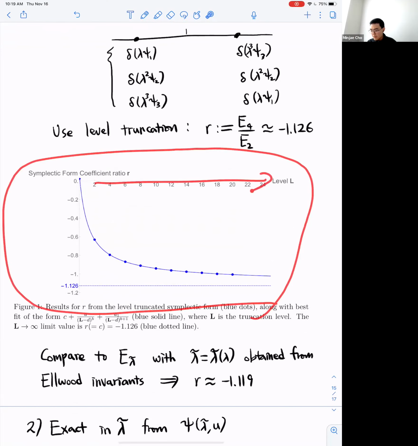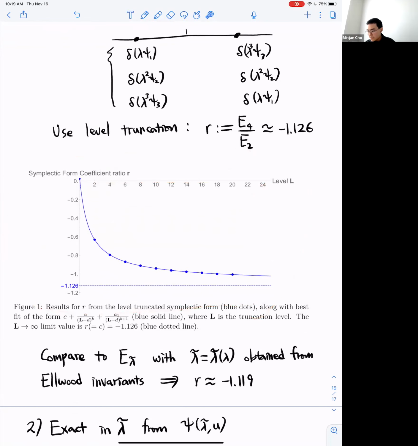And this is the result of level truncation. This axis is the level. And what we are plotting here is the ratio between this second order energy and the first order energy. And we obtain this number, -1.126.